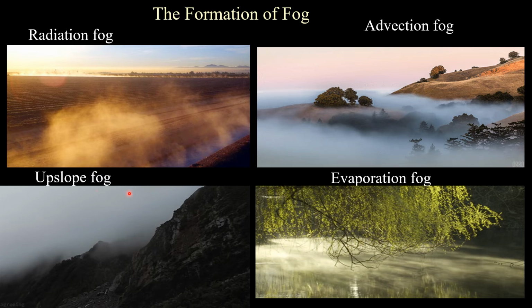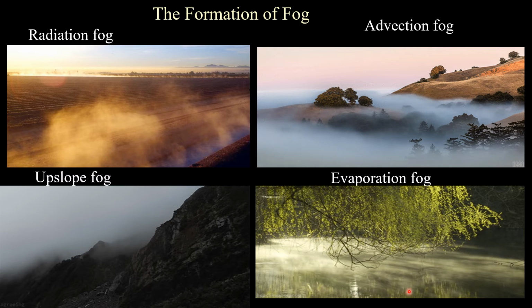So that's upslope fog. The evaporation fog is a very interesting fog. If you are going to some lakes or ponds, you see the water has the higher specific heat. So water needs more time to heat up and also more time to cool down. So during the night, the air adjacent over the water body becomes cool.